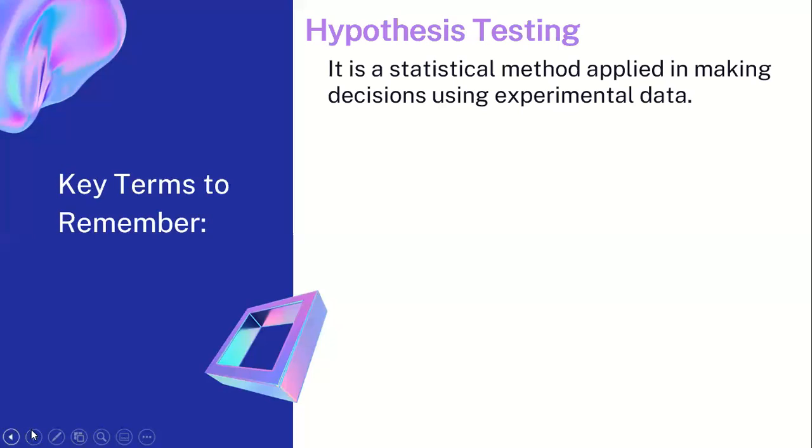And when we say hypothesis in science, a hypothesis is an educated guess, right? In statistics, it is defined as a proposed explanation, assertion, or assumption about a population parameter or about the distribution of a random variable.